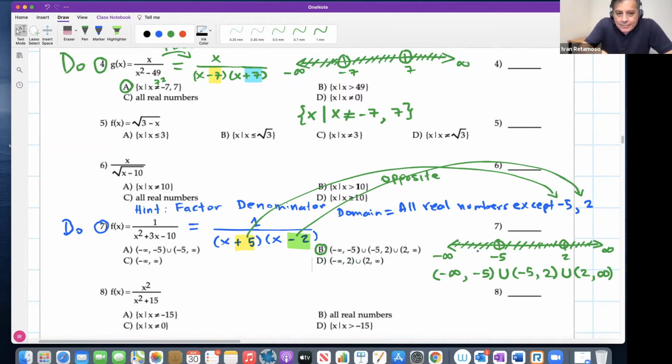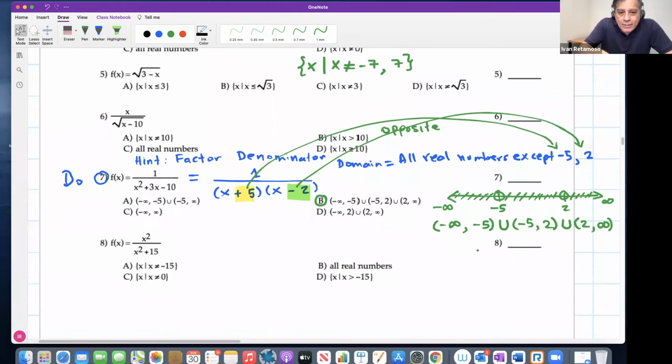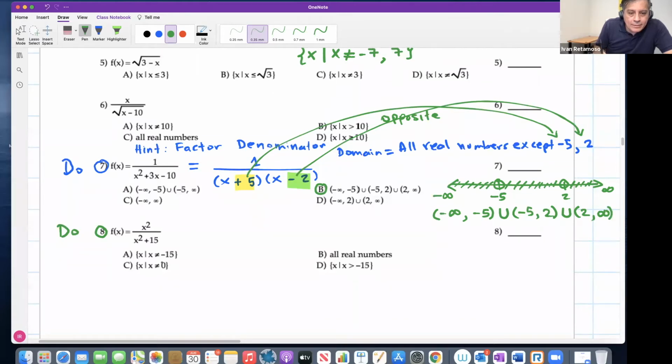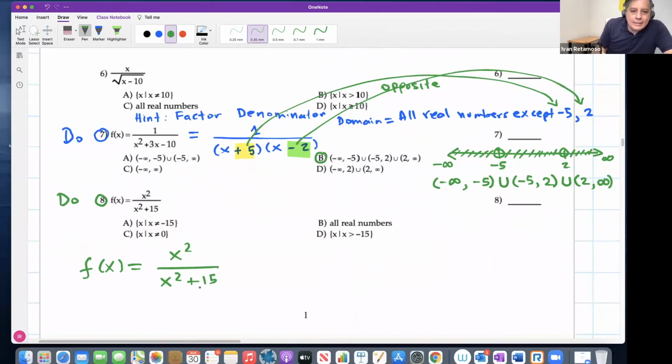Great. Now I'm going to give you a tricky one. Very tricky, but I hope you will handle this. It's surprising, the result for this domain, but it's doable. So I'm going to rewrite here f of x equals x squared over x squared plus 15. Notice that this denominator cannot be factored.